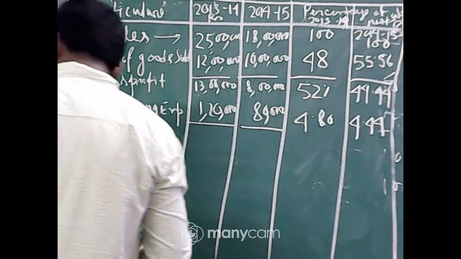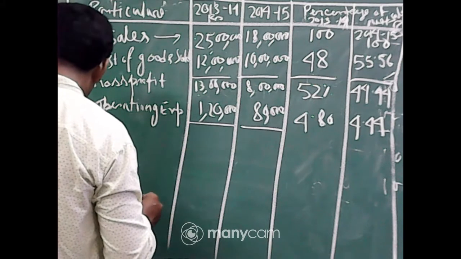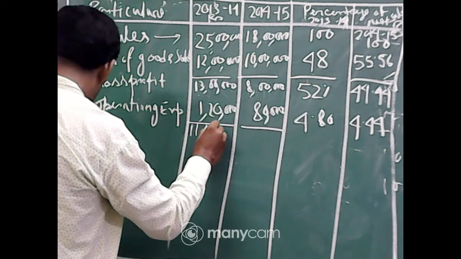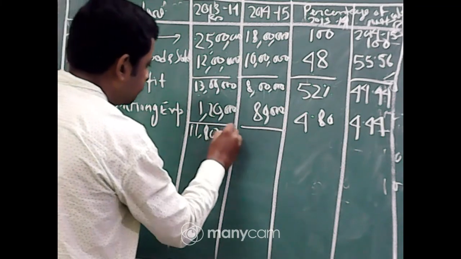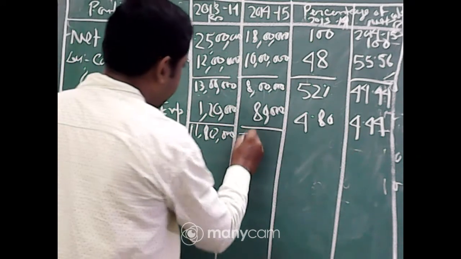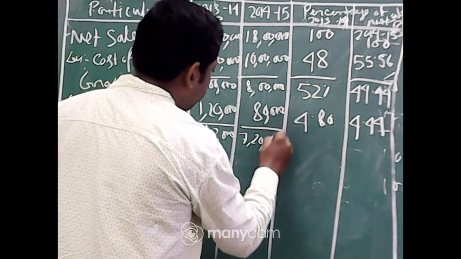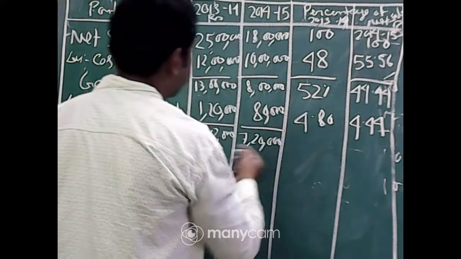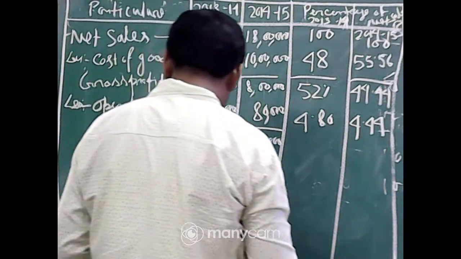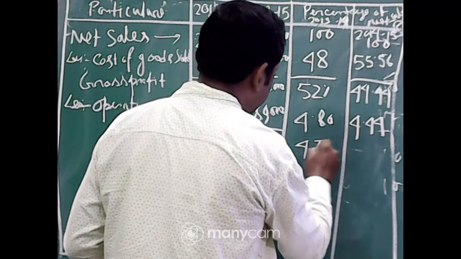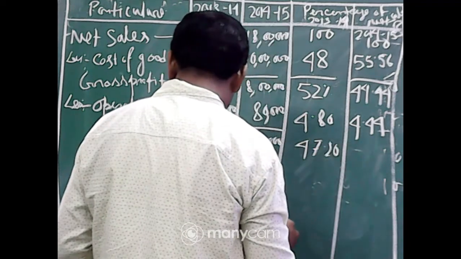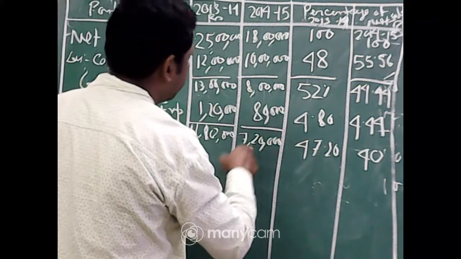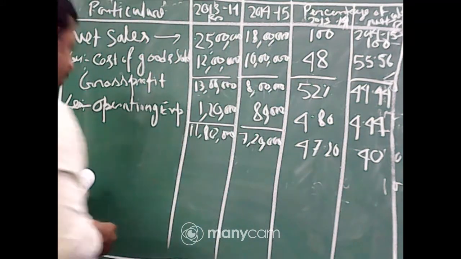Then we have to deduct it. That will come 11 lakh 80,000 and that comes 7 lakh 20,000, that is current year, and this is also percentage on the basis of net sale, that is 47.20 and that is 40. Next is 40, that is 7 lakh 20,000 divided by 18 lakh into 100.